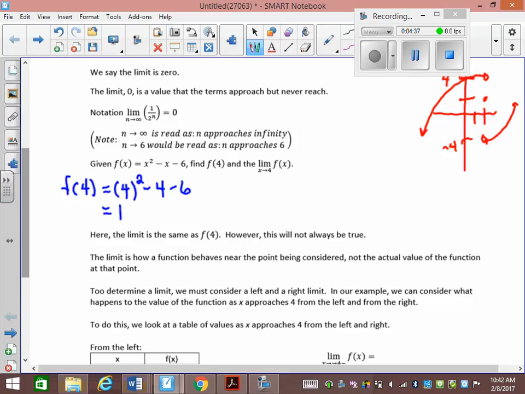So it equals 16 minus 4 minus 6. So it equals 6. So remember, whenever you do function notation, that's really just a coordinate, right? The coordinate is at 4 and 6 for that graph. We agree? Now it's actually a continuous graph, x squared minus x minus 6.